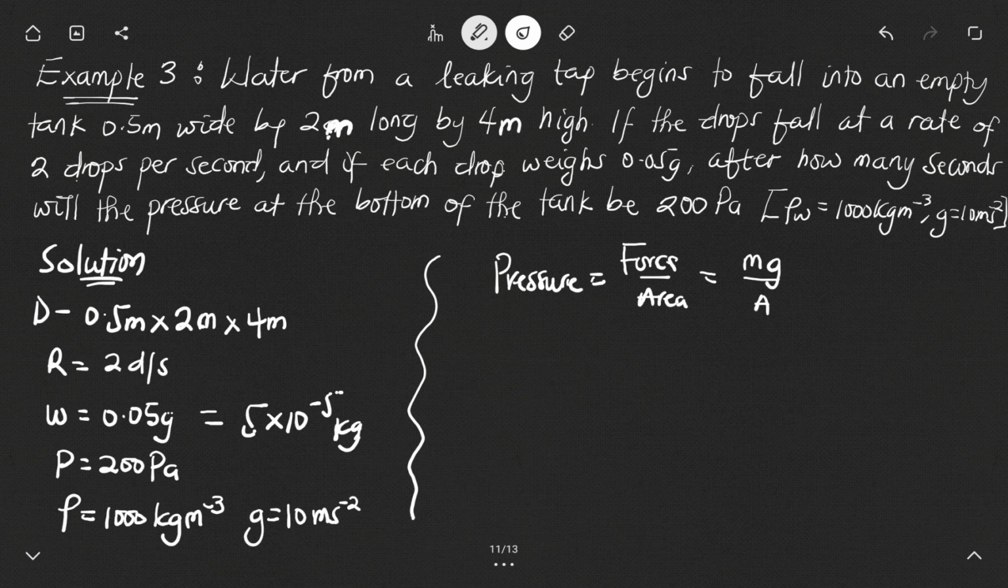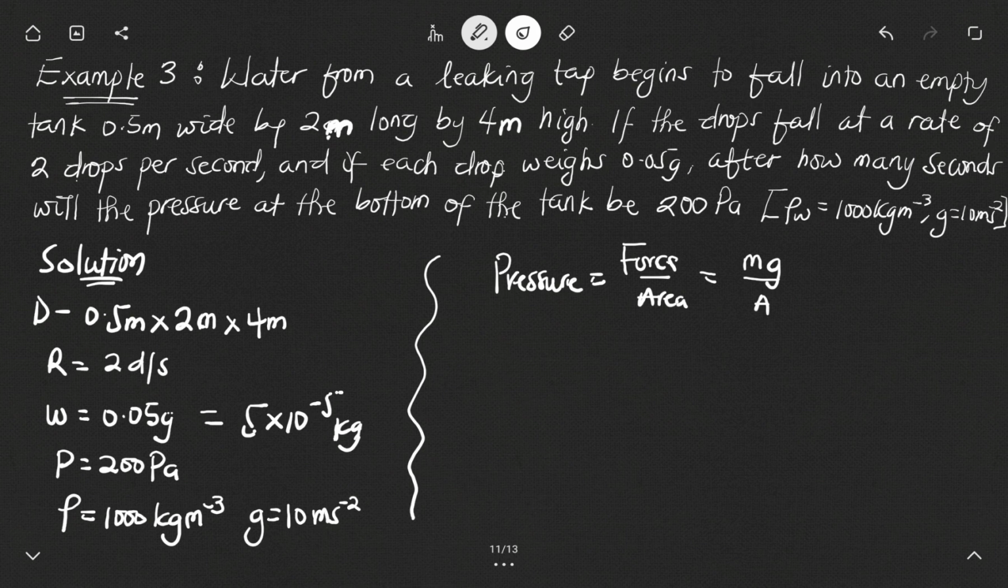If we get the mass of the water in the tank, since we have the rate at which it was dropping, the number of drops based on the weight of each drop will give us the total mass. Then we can use that to calculate the other parameter, which is the seconds that we're asked to find.